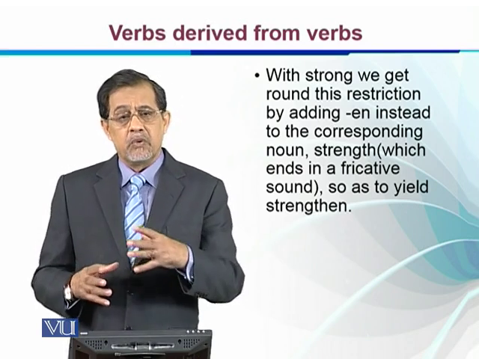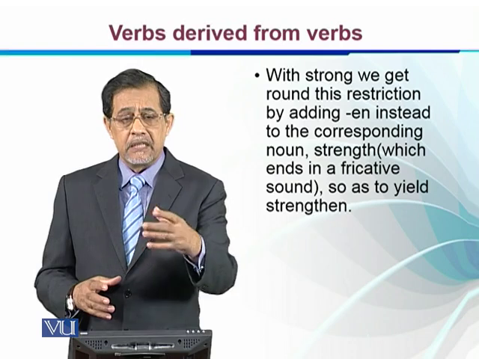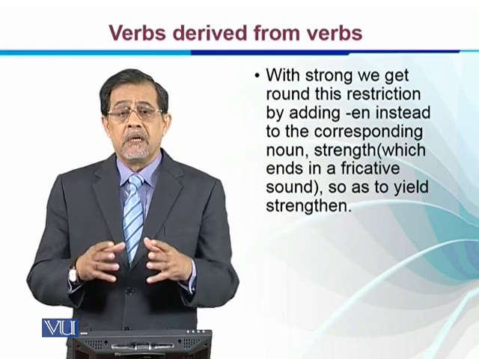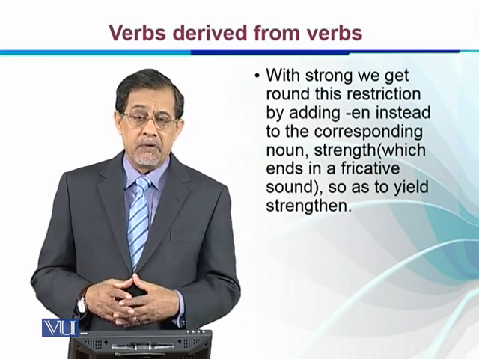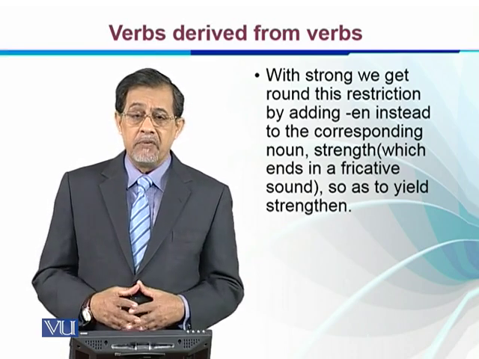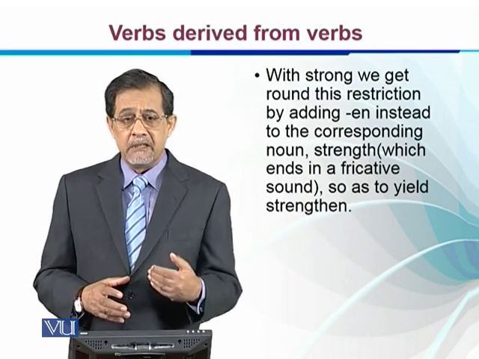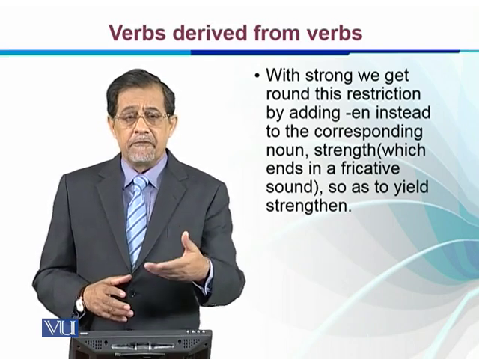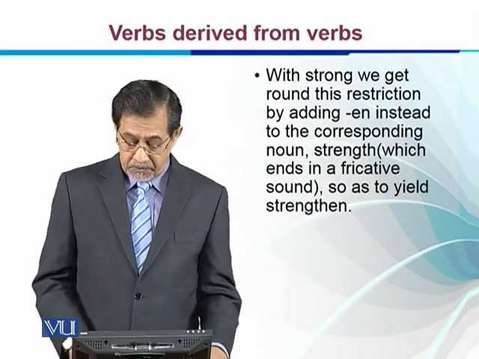So certain suffixes go with certain adjectives to make them verbs, but certain suffixes do not form verbs. So we've just seen how we can make verbs with the help of other verbs, or we can derive verbs from other verbs or from other parts of speech.